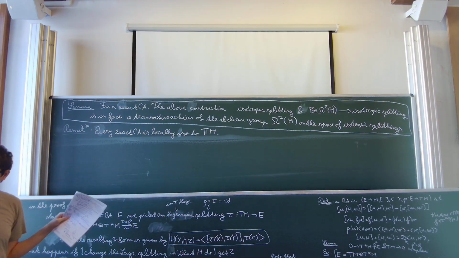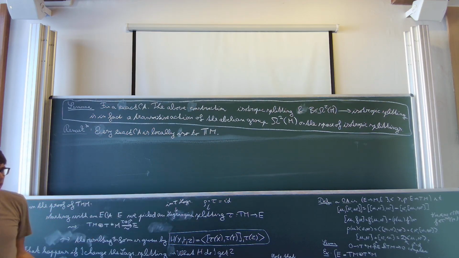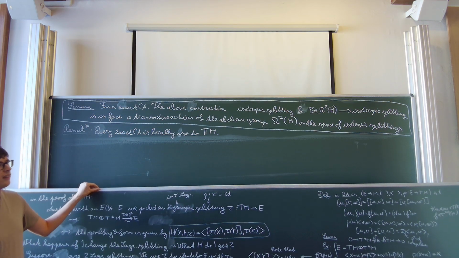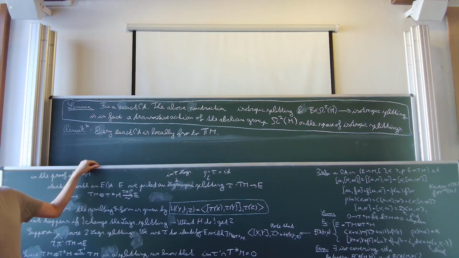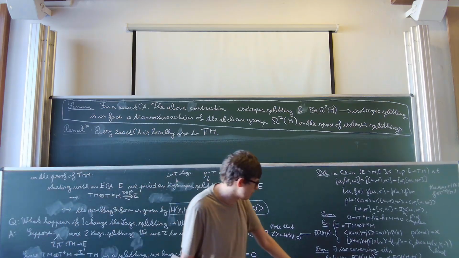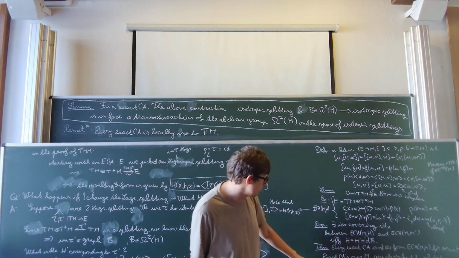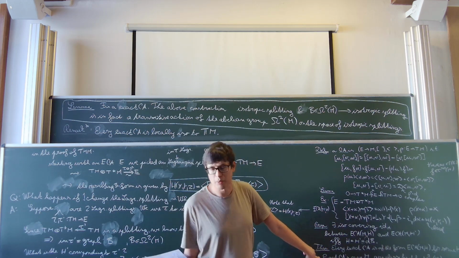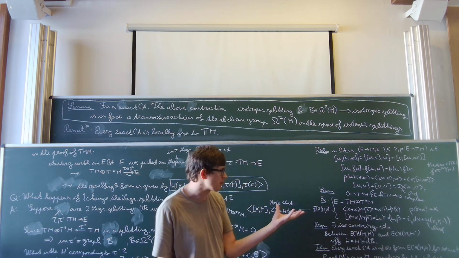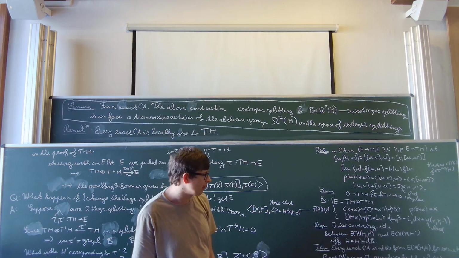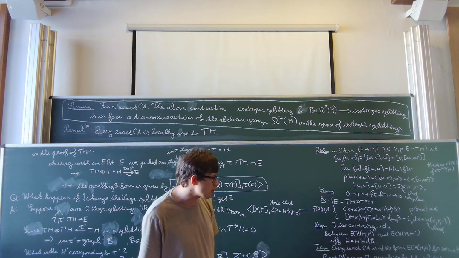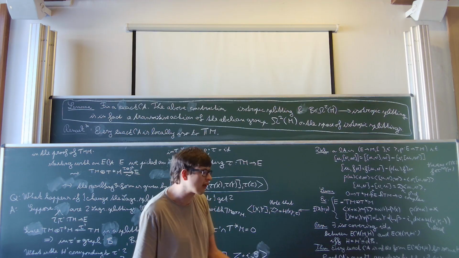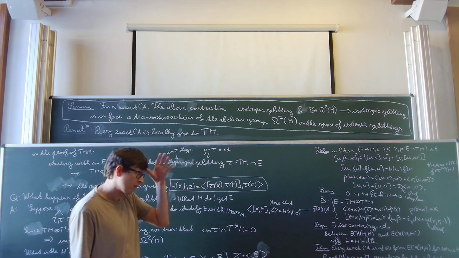Do you see why it is locally always the same? Exact Courant algebroids are classified by Čech cohomology. So if I take it over some small or contractible neighborhood, then there is no cohomology, so they are all isomorphic.